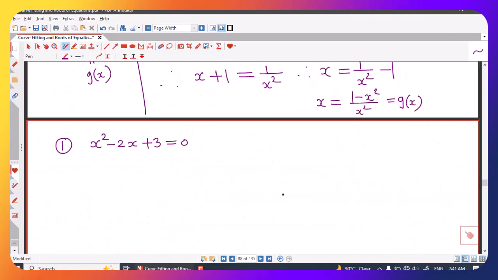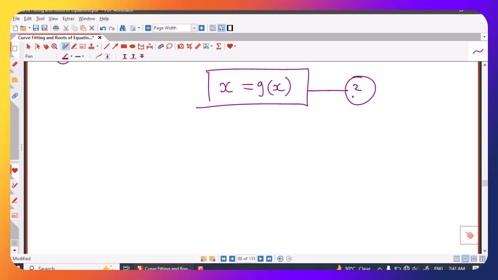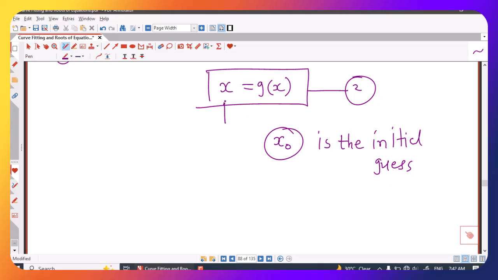Now once we can do this, suppose I have written my equation f of x equal to 0 in this form, this is number 2. After doing this, suppose we select x0 as the initial guess to the actual root. Then using this we can find x1.